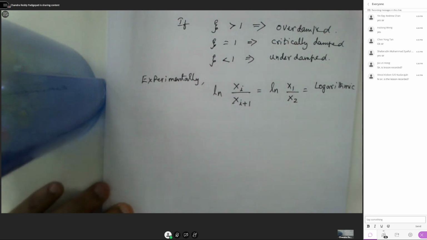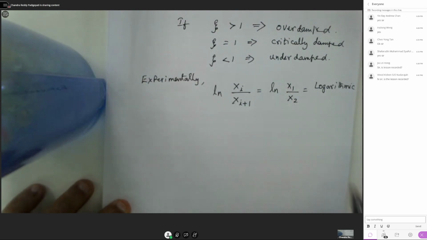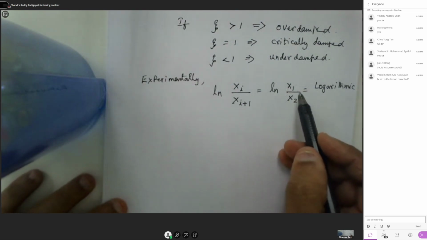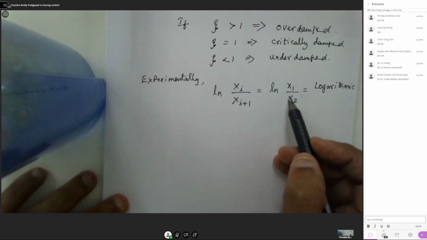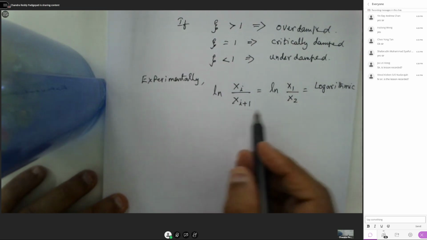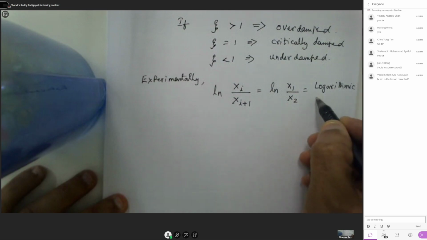So that means if we know the response of a system having mass M, stiffness K, and damping C, we can measure the response of the system by measuring the amplitudes, how the vibration amplitude varies. So two successive amplitudes, that is x1 over x2, then you take the natural log of it, and we call that the logarithmic decrement delta.